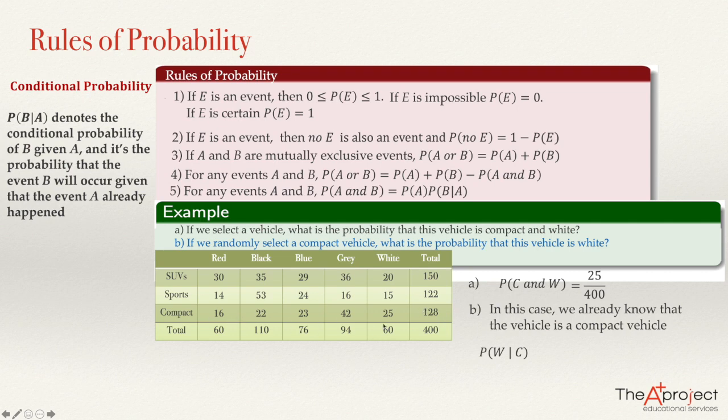I'm just going to select one of these 128. And from these 128 vehicles, there are 25 that are wide. So because that already happened, I don't see any other part of this table. I'm just going to see this 128. And then the answer will be 25 over 128. And this is 0.1953. So I'm not using this formula here. I'm just computing the conditional probability.